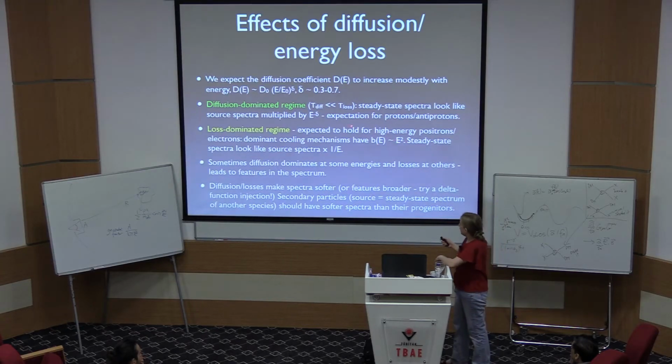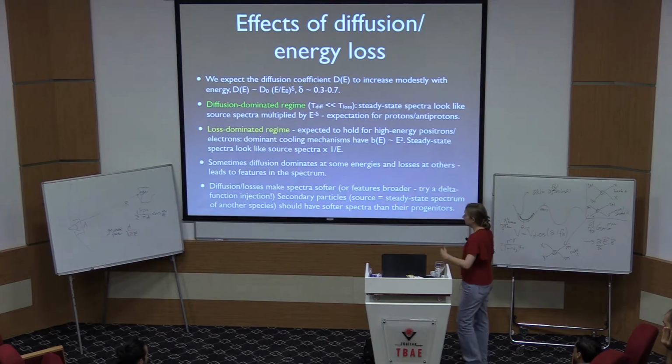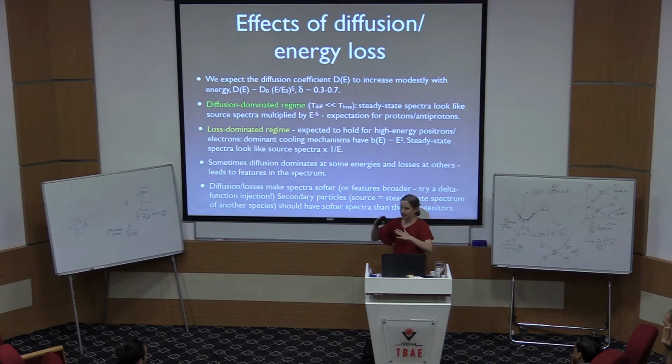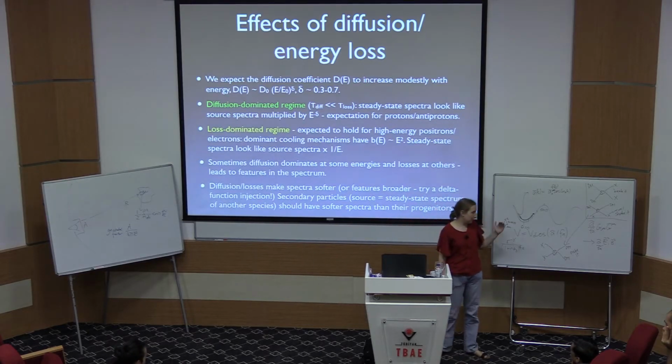That tells you in the diffusion-dominated regime, your expectation is that the final steady-state spectrum looks basically like the source spectrum multiplied by E to the minus delta, and in the loss regime, it looks like the source spectrum times 1 over E. So you can have a situation where diffusion dominates at some energies and losses dominate at other energies, in which you sculpt a change of slope in the spectrum. And that can look like a bump if you do it right. So these propagation effects, the zeroth order thing that they do is that they soften the injected source spectra.